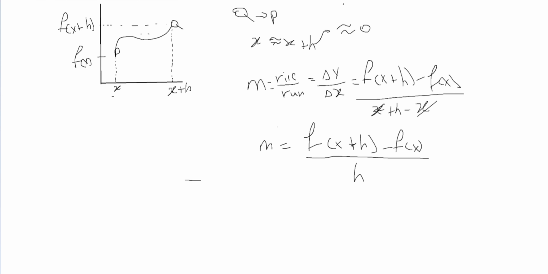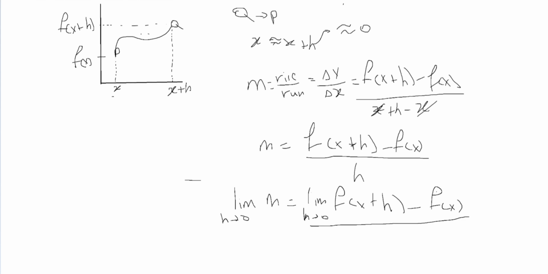Now we want Q and P getting really close to each other, and the only way that could happen is if the difference between them gets so close to 0, and the definition of being so close to 0 is the limit. So the limit as h approaches 0, and because we have to do it from both sides, m is equal to the limit as h approaches 0 of f of x plus h minus f of x, divided by h.